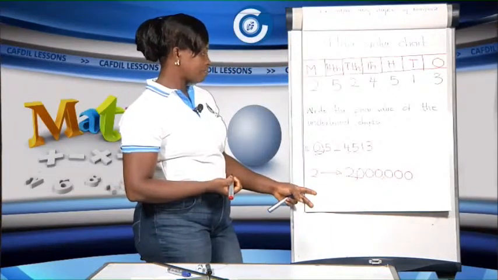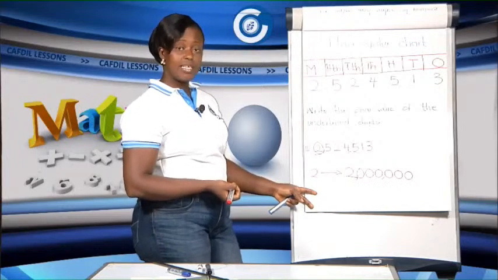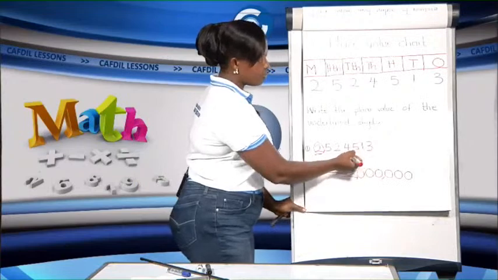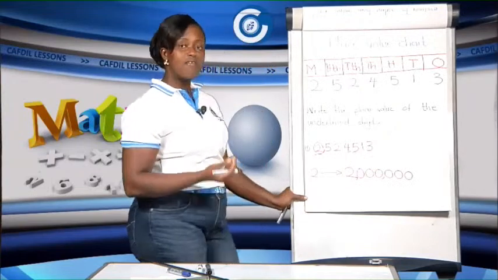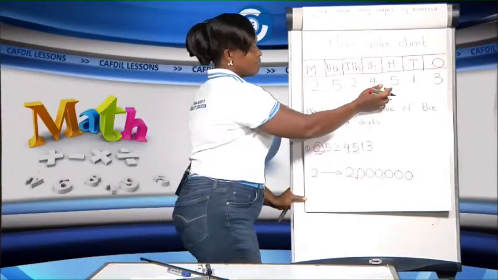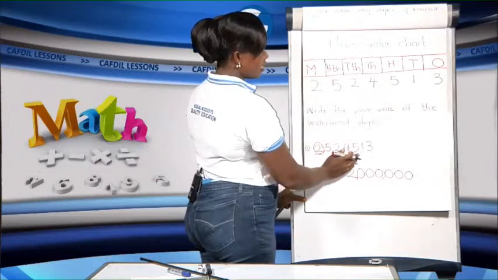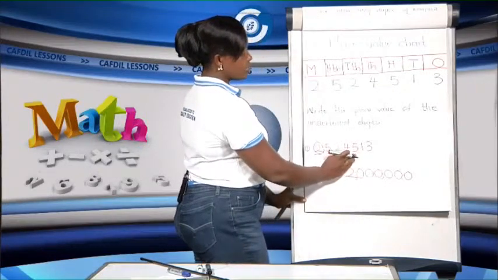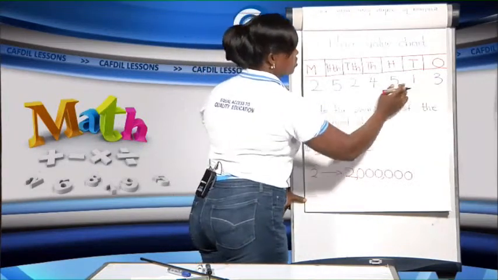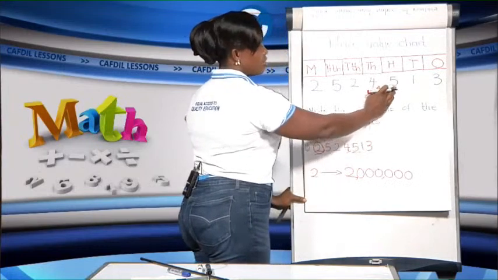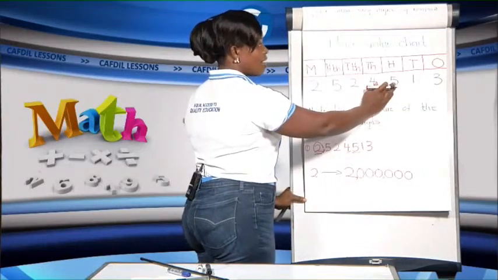Done. We have another digit being underlined, which is 5. Let's look at the value of 5 over here. This is the 5 that we have underlined. 1, 2, 3. The 5 is over here. What is the value of this?